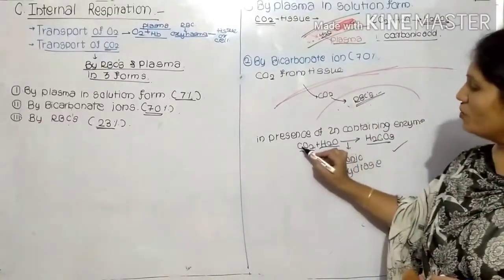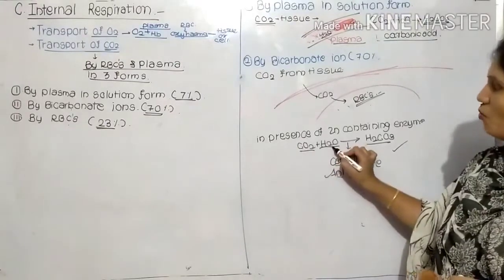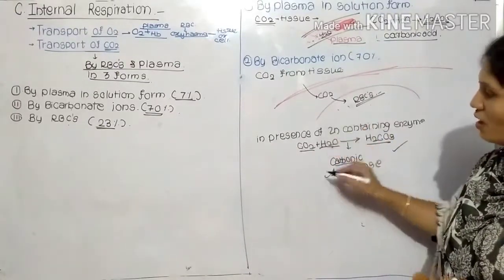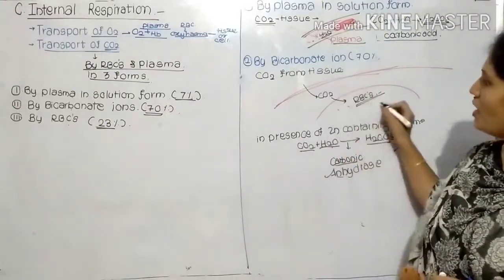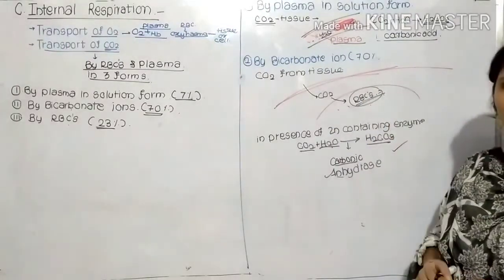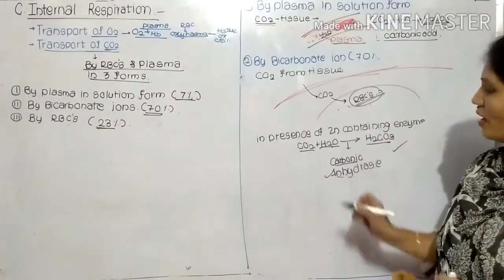The combination of carbon dioxide with the water molecule is in a larger amount in the RBCs.